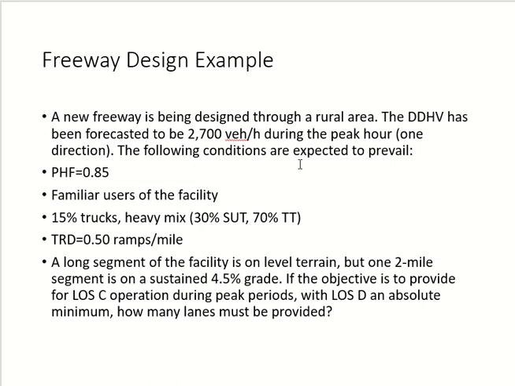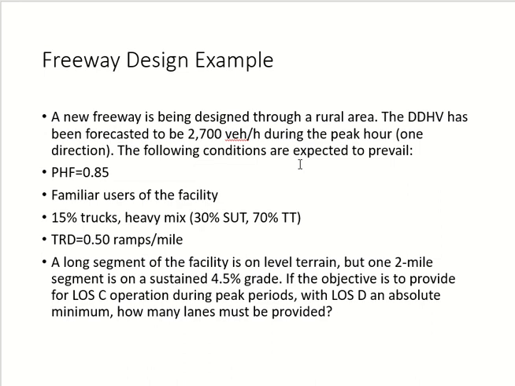We have familiar users. We have 15% heavy vehicles, but now it is heavy mix. And what do we mean by heavy mix? You can see over here. Trailer trucks are more, single unit trucks are less. TRD 0.5.